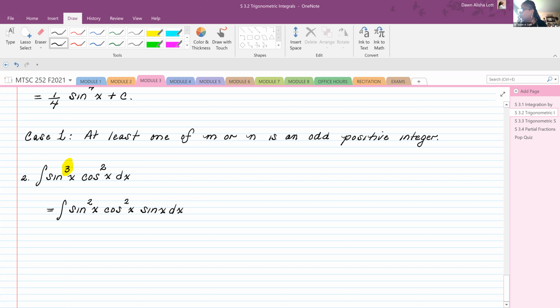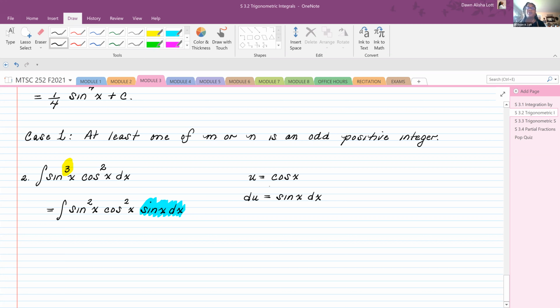So when I peel one off and leave that one there, then this now becomes my du. All right, so du now is the sine of x dx. So therefore, if that's the case, I want u to have been a cosine.